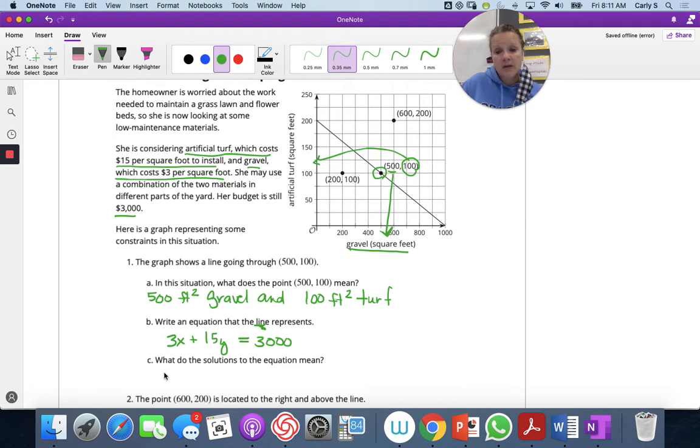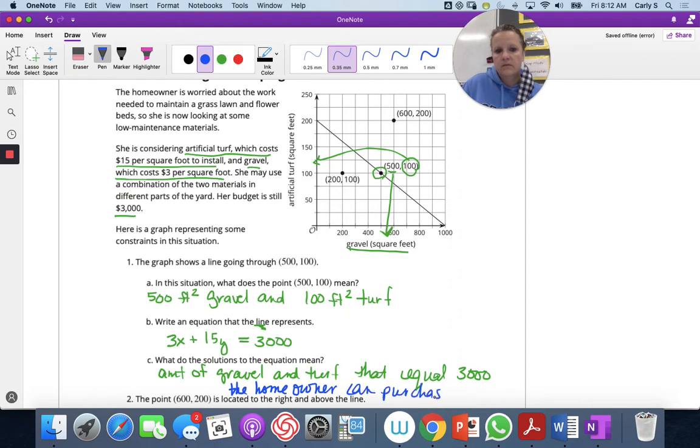The solutions would be the amount of gravel and turf that equal her budget. You can say the amount of gravel and turf the homeowner can purchase and still be within budget.